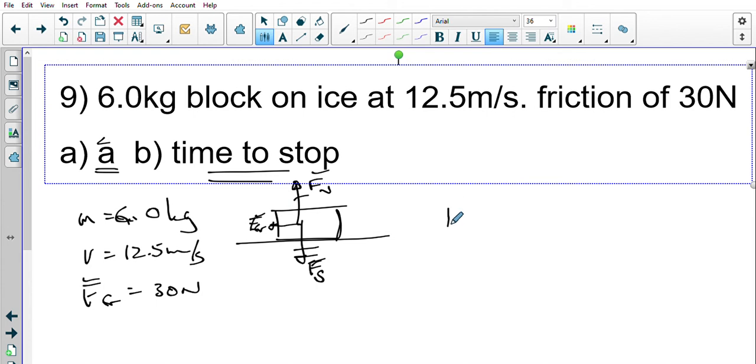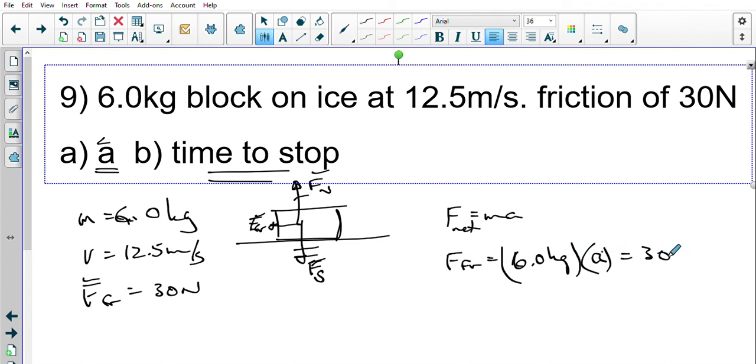So, F is equal to ma, our net force. Our net force is going to be our force of friction then. Our mass is 6.0 kilograms. And our acceleration, well, that's what we're trying to find. Our force of friction, we're told, is equal to 30 newtons.